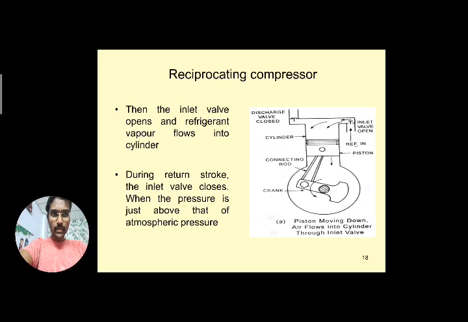Suction takes place, and the refrigerant is building up in the cylinder. During the return stroke, when the piston is moving upwards, the pressure builds in the cylinder and always acts on the top of the inlet valve, so the inlet valve closes. It means the pressure is just above the atmospheric pressure, and the inlet valve closes.